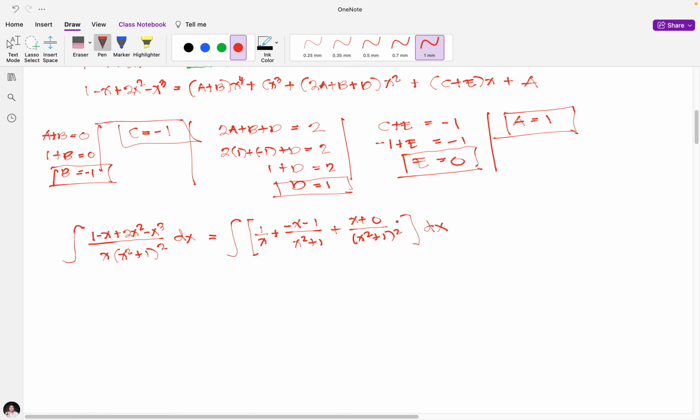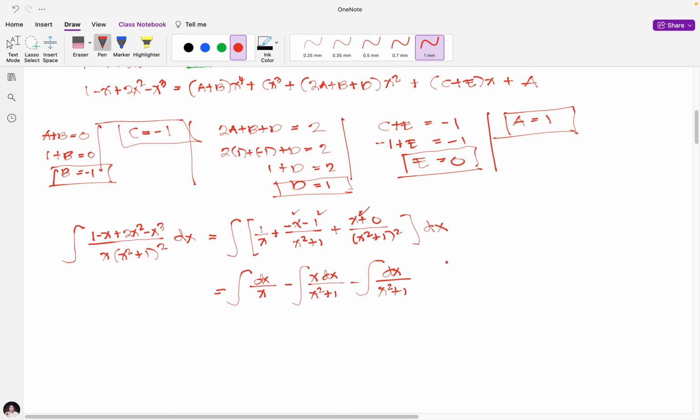Okay? So simplifying, i-distribute na natin lahat. So this is the integral of dx over x, minus the integral of x dx over x squared plus 1, minus, ito yan ha, times negative 1, integral of dx over x squared plus 1.